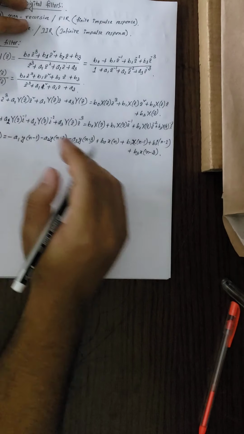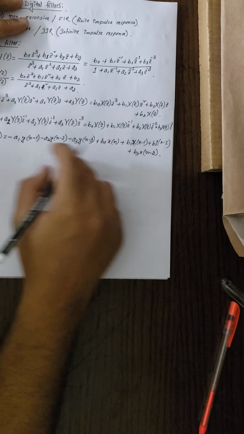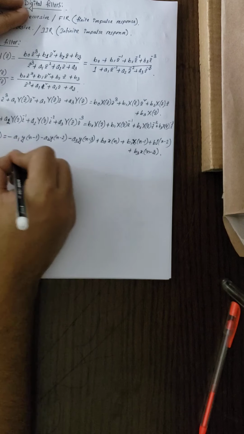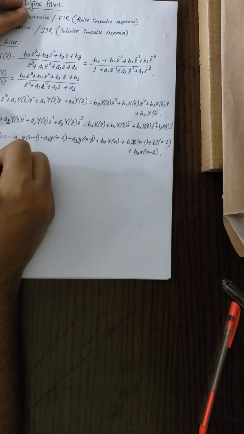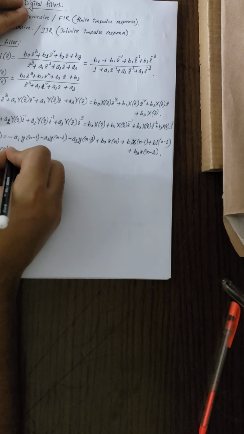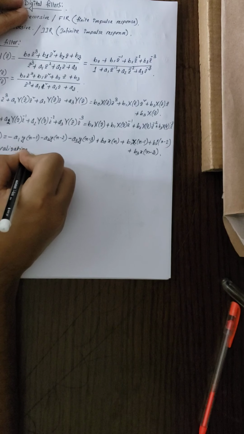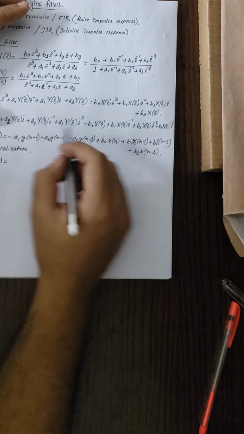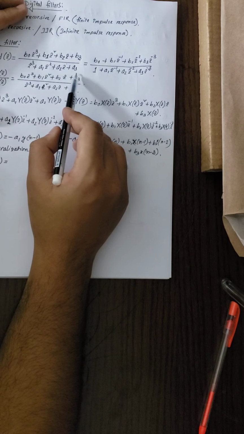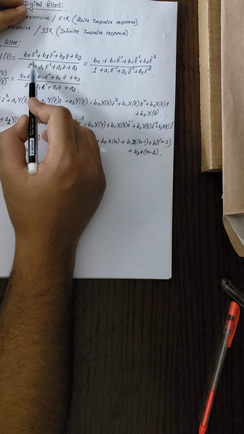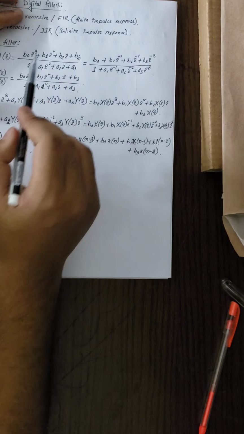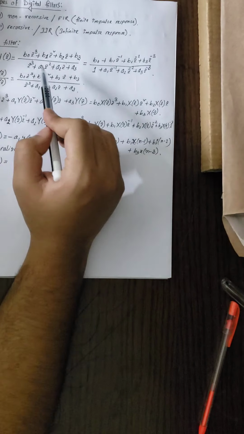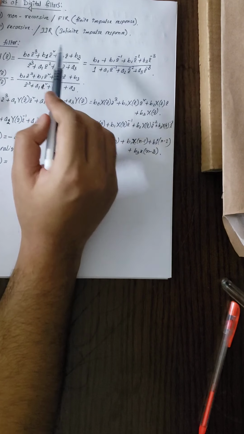So now this can be generalized. See, there are a limited number of poles and zeros, that is, a limited power of z, with z raised to 3 being the highest power of this polynomial and this polynomial as well.